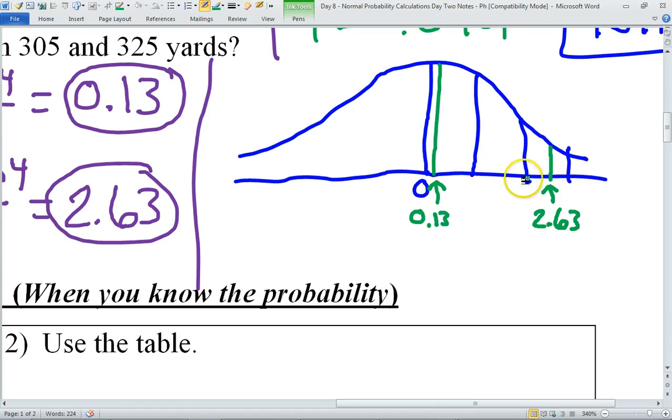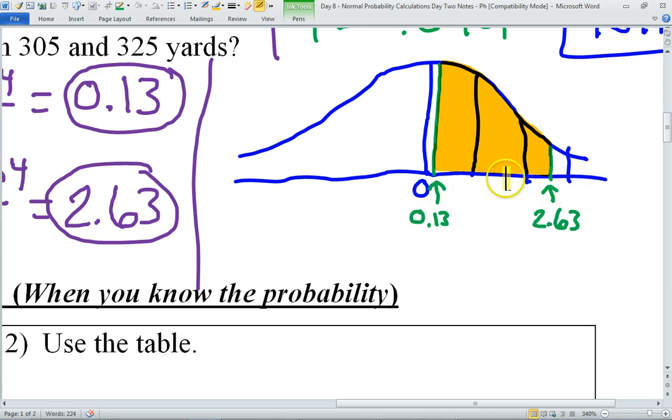That's 2 standard deviations and change, 63 cents worth of extra. So we're supposed to find the percentage that's between those two values. So we are finding the area in here like this. That's the space that we're finding.